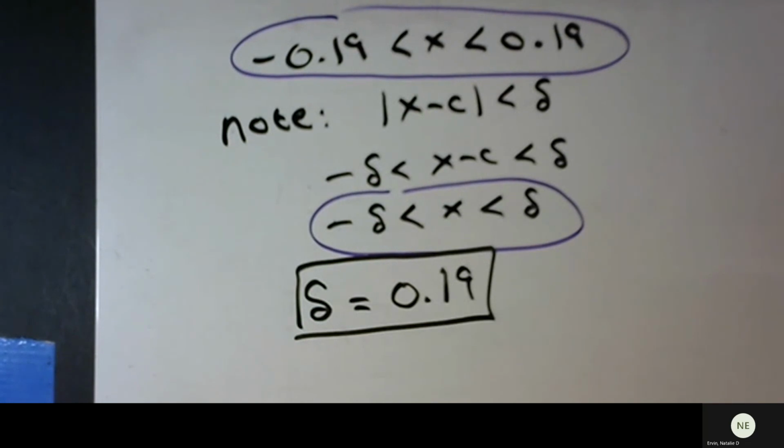So now we can go back. We can restate our proof.